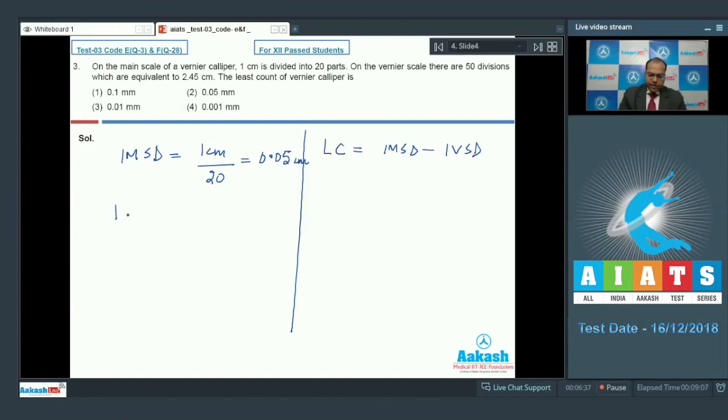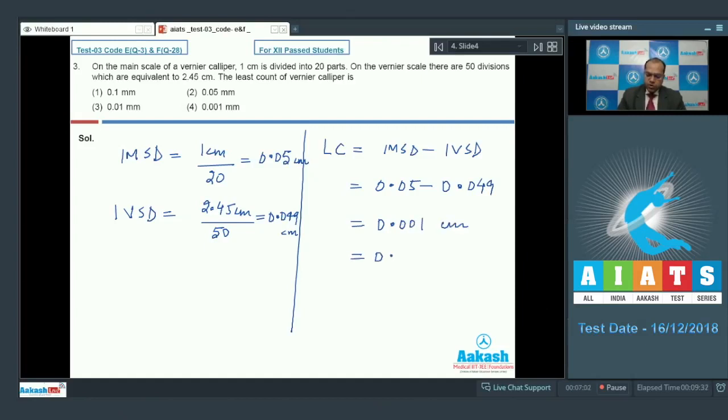In a similar fashion, the vernier scale division is equal to 2.45 centimeter divided by 50, and on solving it comes out to be 0.049 centimeter. If I substitute this data, 0.05 minus 0.049, it comes out to be 0.001 centimeter or 0.01 millimeter. So option 3 is the correct answer.